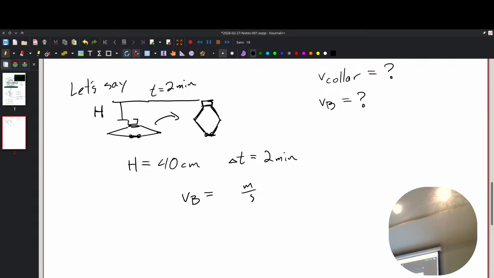Yeah, it's 0.003 meters per second, something like that. All right, sounds good. Seems reasonable.